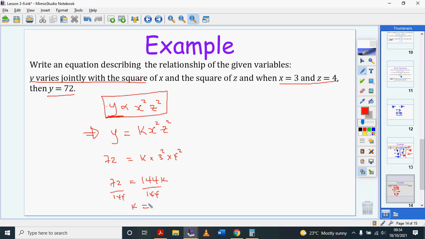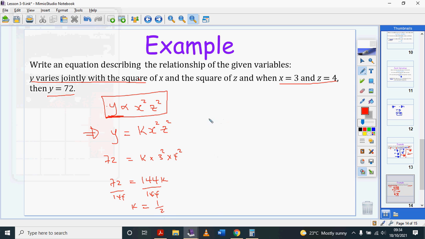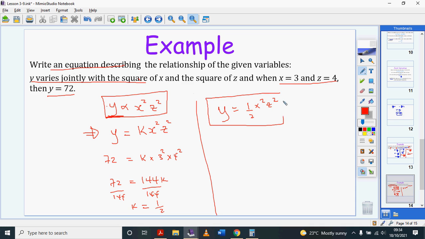So k is equal to, anyone? 72 divided by 144. k is equal to a half. Alright, so I can write my equation as y is equal to half x squared z squared. And that's what they asked me to do, to write an equation, so I'm done.